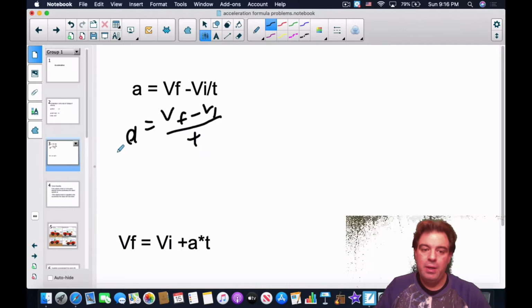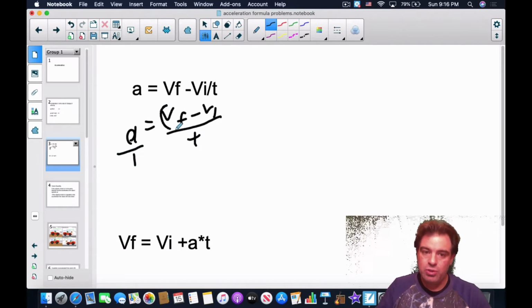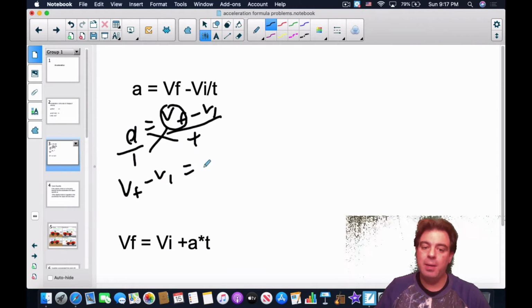Now, if we divide this by 1 and rearrange the terms to solve for velocity final, we can do that by simply cross multiplying. So 1 times acceleration equals velocity final minus velocity initial over time, which becomes velocity final minus velocity initial equals acceleration times time. So we cross multiply these two.